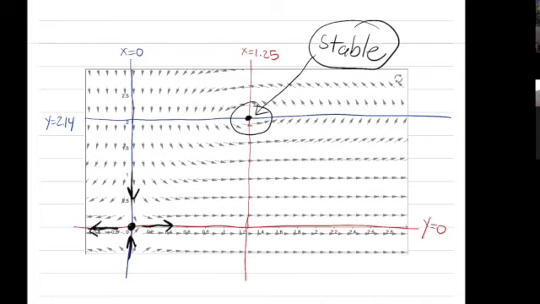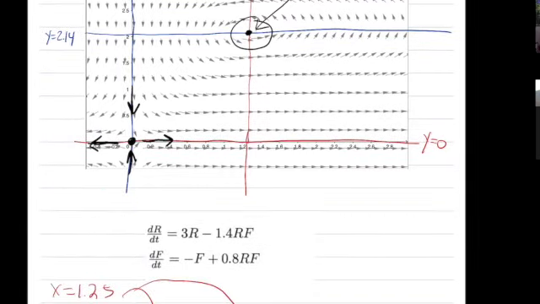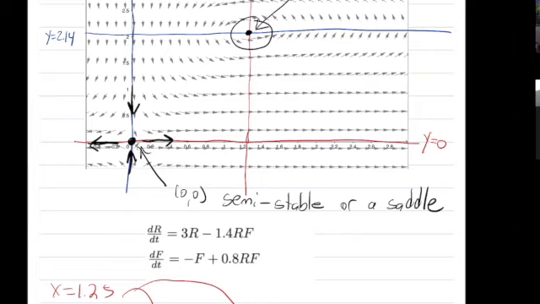And what's happening at the origin is a little bit more complicated. In some directions we're going in, and in some directions we're coming out. So this equilibrium at 0, 0 would be called semi-stable or saddle.